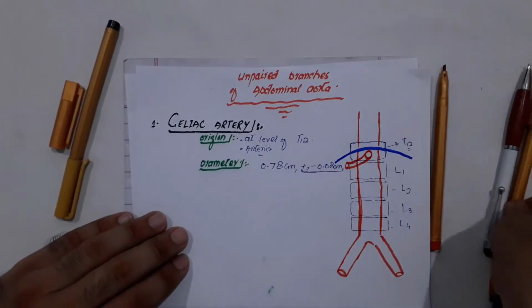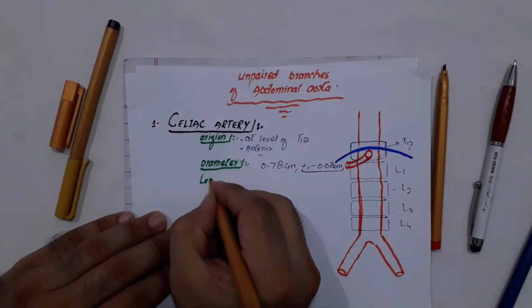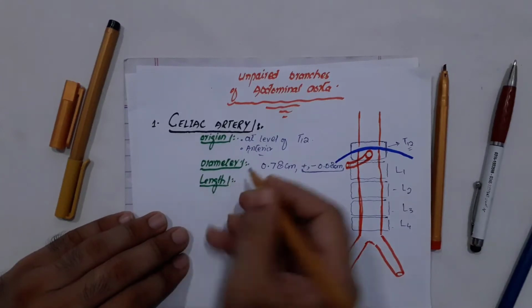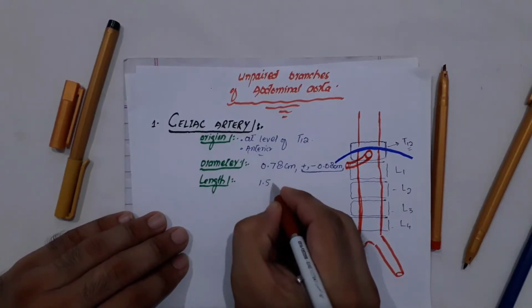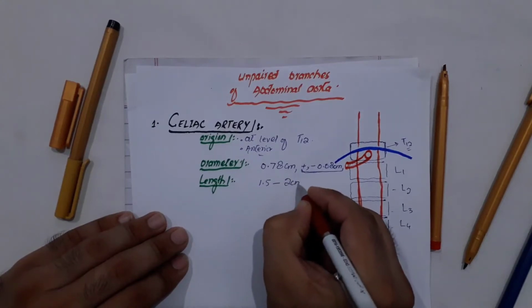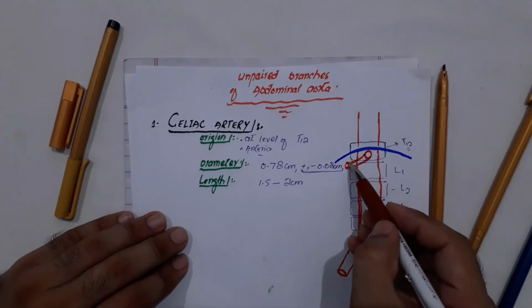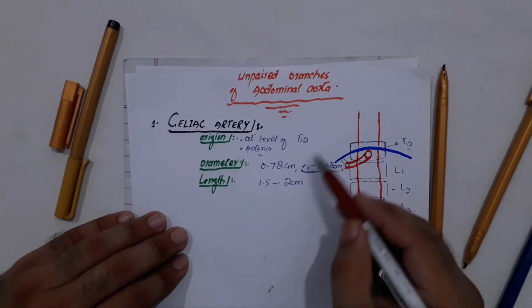The next important thing regarding this artery is its length up to its bifurcation point. Its length is about 1.5 to 2 centimeter, from the point of origin up to the point where it bifurcates into other arteries.